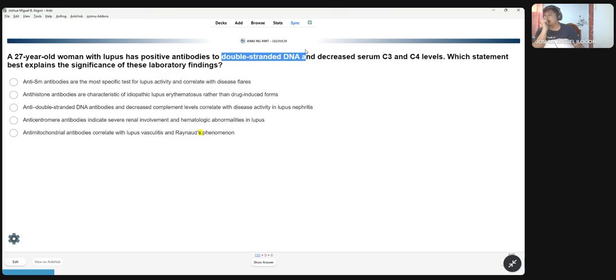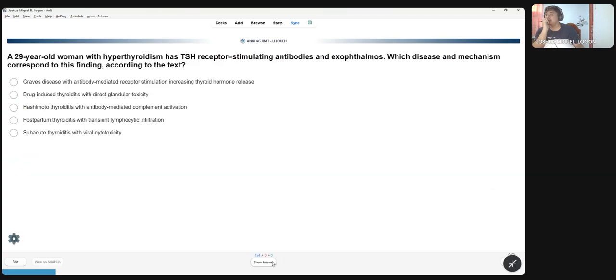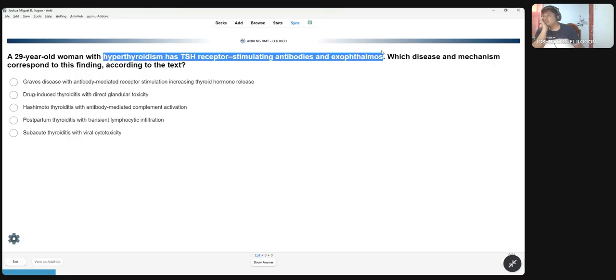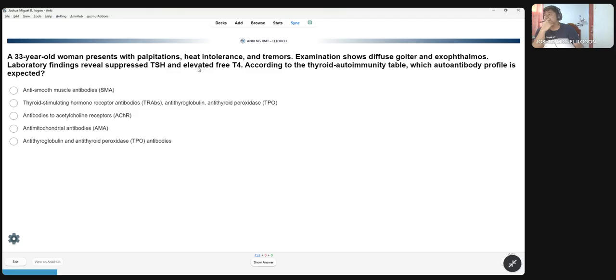Double-stranded DNA. Decreased serum. Exophthalmos. This is your Graves' disease. Palpitations, heat intolerance, and tremors. Goiter and exophthalmos. That's your TRAbs.